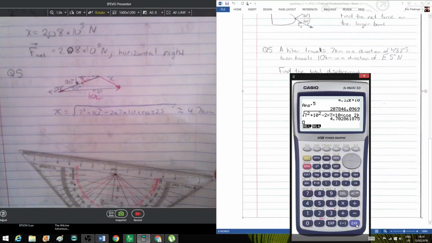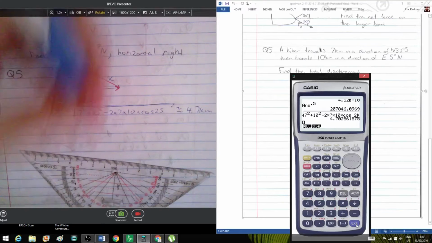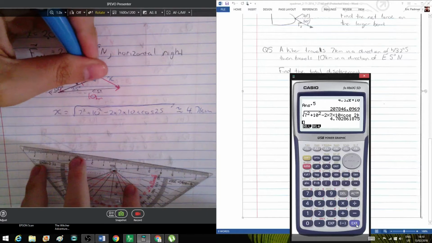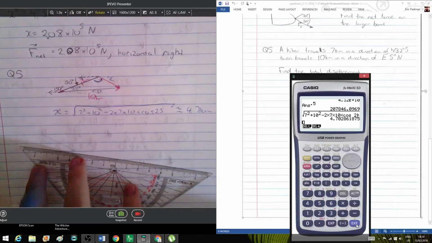That's better. All right, so that's your distance from where you started. Displacement, remember, requires direction. So what we could do is, if we can get this angle, that would be helpful. That angle there, we'll call that phi.